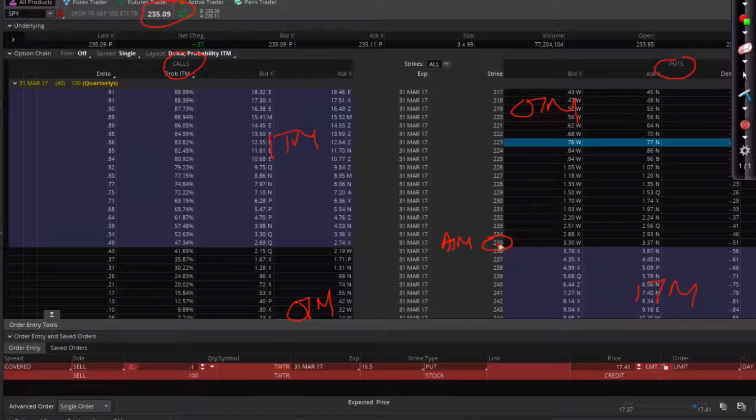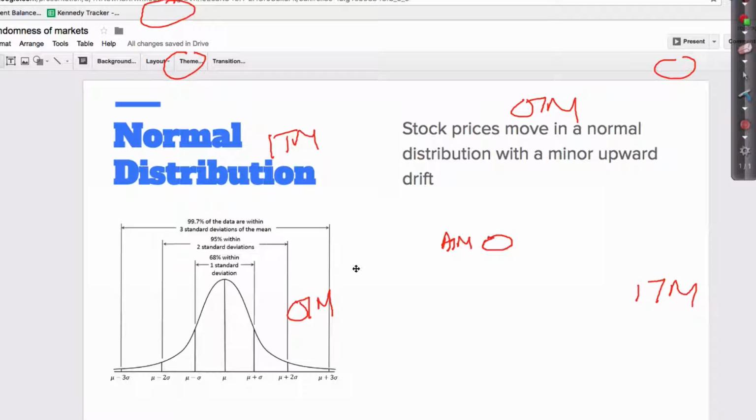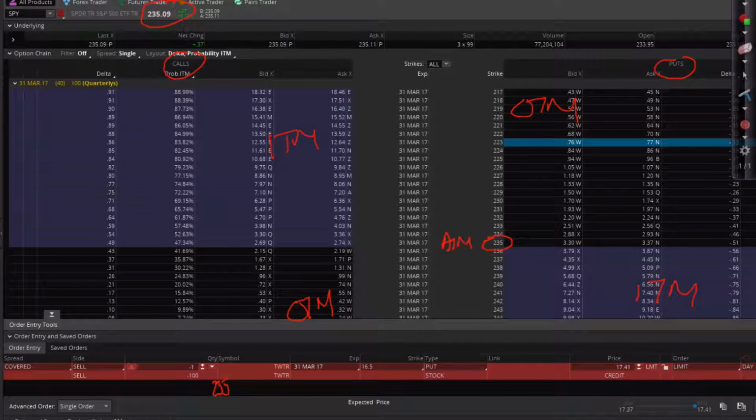Now, 235, if we apply this to our normal distribution, then how this works within Black-Scholes is it says, okay, the norm point is the current stock price, 235. And then let's take a look at some items we can change here.